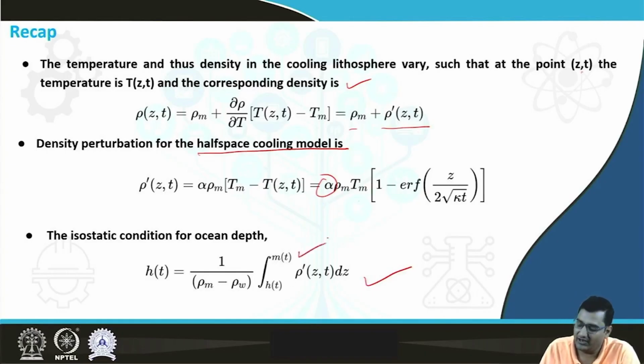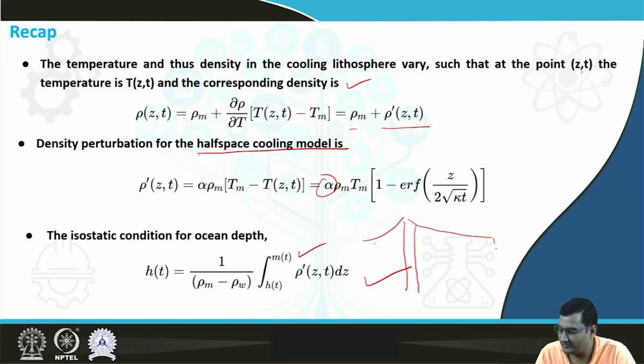So basically there is this rift zone here, and then you will consider a vertical section here, and suppose there is another vertical section at t equal to t, and then using the principle of isostasy, this formula can be derived, where we keep the mass in the vertical column at the location of the ridge and at time t at this particular vertical section equal, then you can get this isostatic condition for the ocean depth.